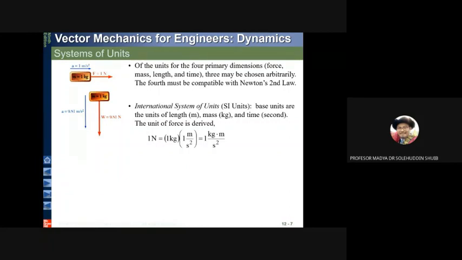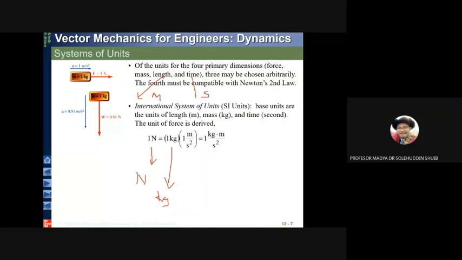So for force, this is force in Newton. Then we have mass in kilogram, and then the length, the unit is in meter. Then we have time in seconds. So these are the four primary dimensions.